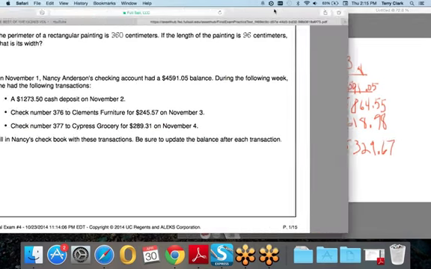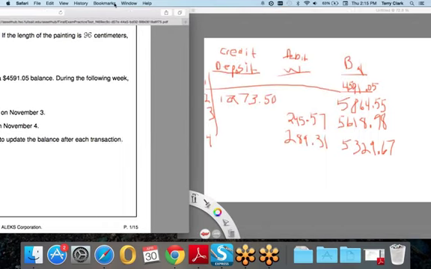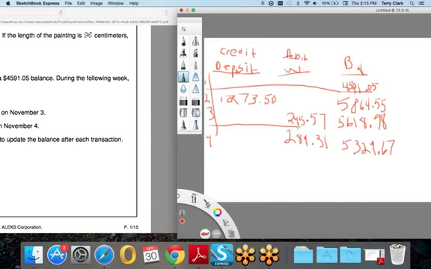Okay, so at the end of all the transactions, Nancy's new balance, we'll go ahead and put a line here so we can see how these transactions actually went down. And of course that's your deposits and that's your debits or withdrawals.